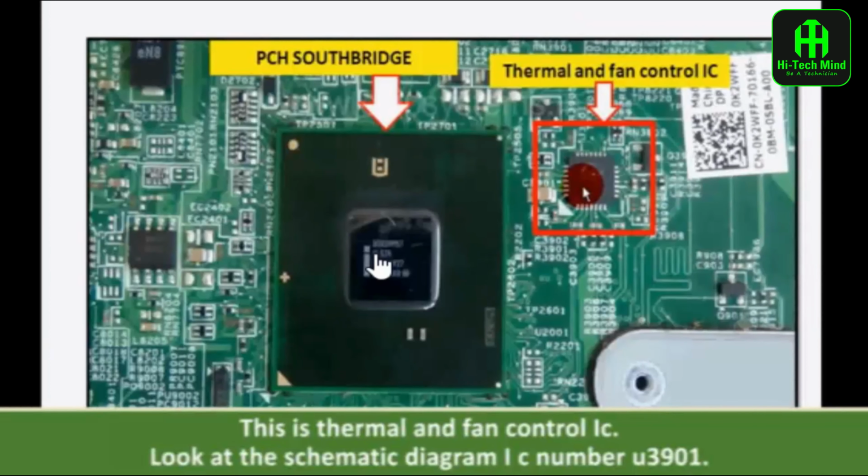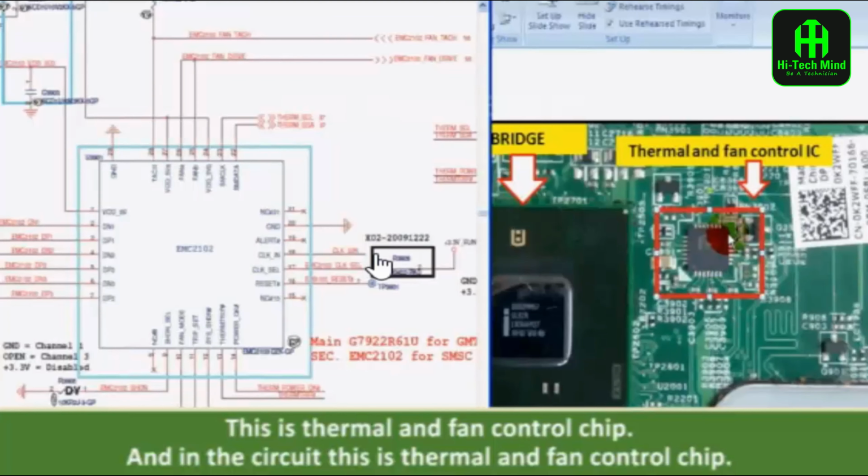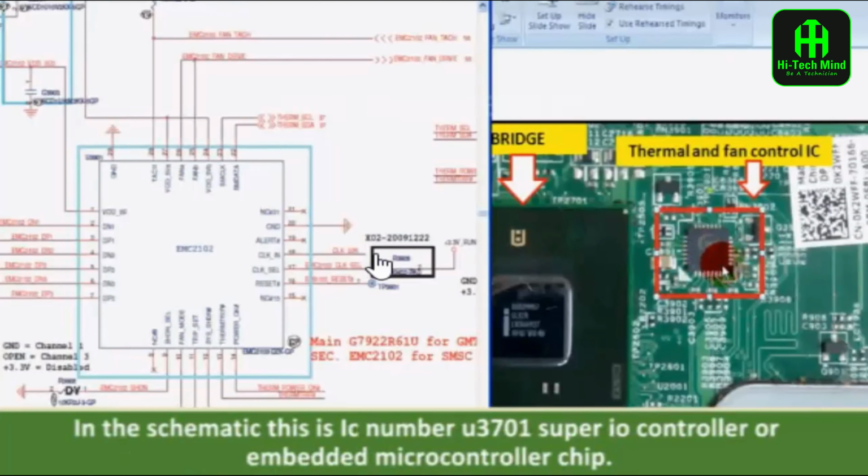This is thermal and fan control IC. Look at the schematic diagram. The IC number here mentioned as U3901. This is the thermal and fan control chip. And in the circuit, this is the thermal fan control chip. In the schematic diagram, this is IC number U3701, a Super I/O controller or embedded microcontroller chip.